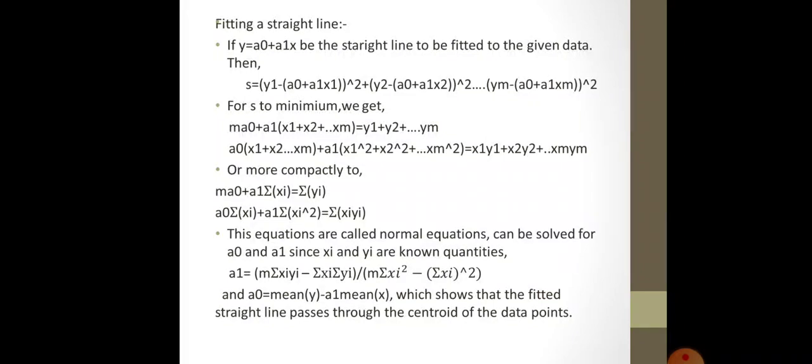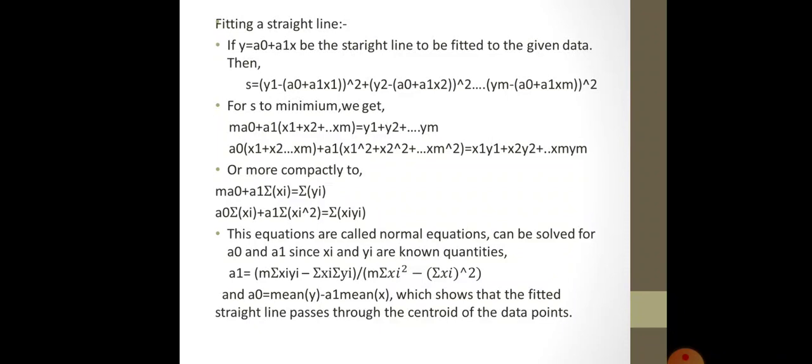as m a0 plus a1 into (x1 plus x2 plus etc. plus xm) equal to y1 plus y2 plus etc. plus ym, and a0 into (x1 plus x2 plus etc. plus xm) plus a1 into (x1 square plus x2 square plus etc. plus xm square) equal to x1y1 plus x2y2 plus etc. plus xmym.